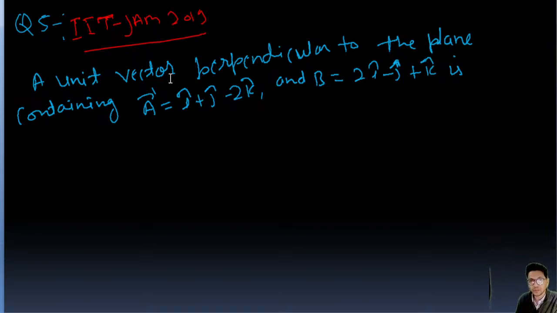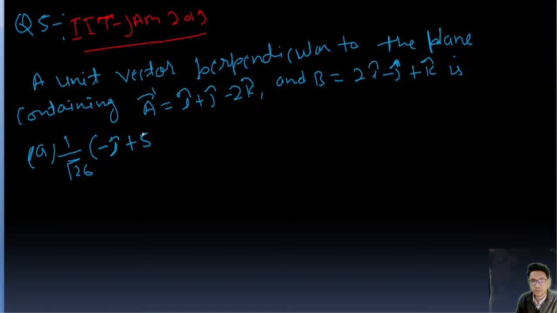Okay. Options are: option A is 1 upon root 26 into minus I cap plus 5 j cap minus 3 k cap.